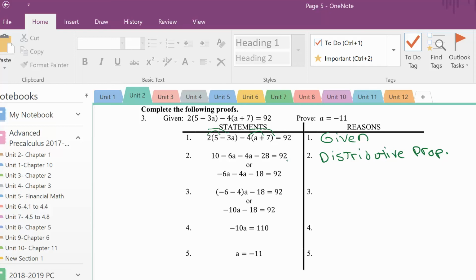Notice the 10 minus 28, they combined there. So then they said negative 18 minus 10a equals 92. So basically they redistributed. That's also the distributive property.